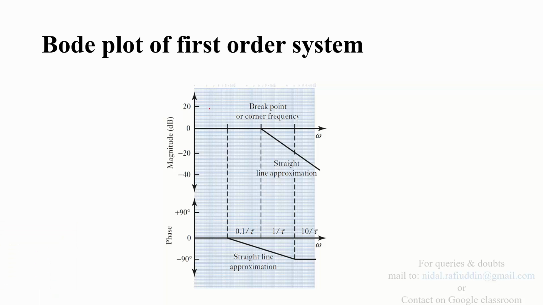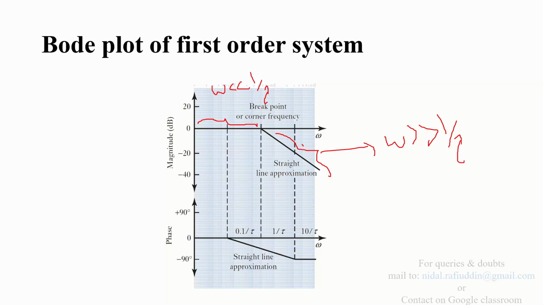So in fact, this part comes from the assumption of omega much less than 1 upon tau, while the second part, this part, we were assuming that omega is much greater than 1 upon tau. So this is why we say that these are the approximations.